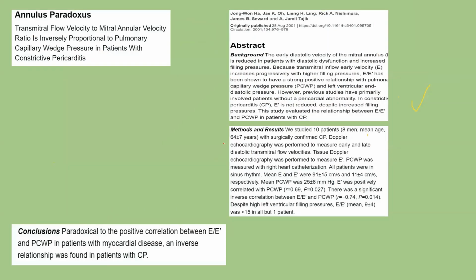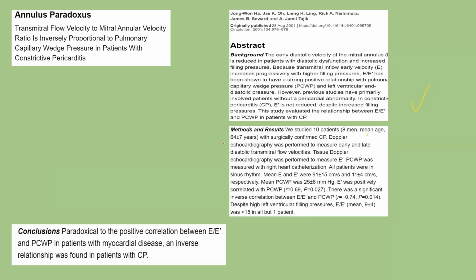Okay. Now, what is annulus paradoxus? Anybody knows annulus paradoxus? Of course, some people use annulus paradoxus synonymously with annulus inversus, but to be careful, it's a different terminology. Yes, it is related to constriction, but it's different from annulus inversus or reversus.